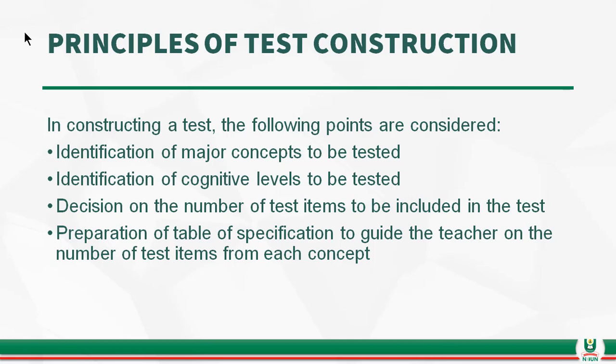In most cases, at the junior level, there are some of these levels that you may not be able to test, but at least the first three levels, which are knowledge, comprehension, and application, are the levels that you must test in the primary and the junior secondary schools.